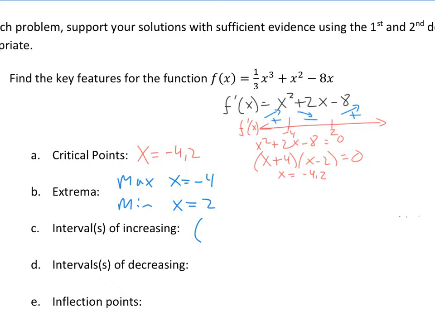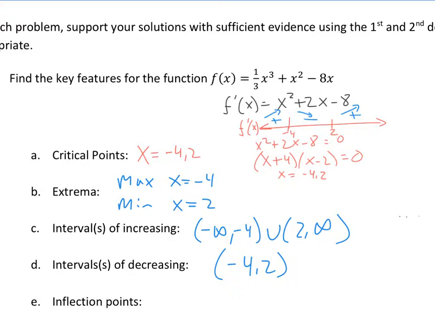So that's going to give us from -infinity to -4, and also from 2 to infinity. All right, we're going to put a little union there. And the intervals of decreasing, well, that's going to be from -4 to 2. That's where the first derivative is 0.